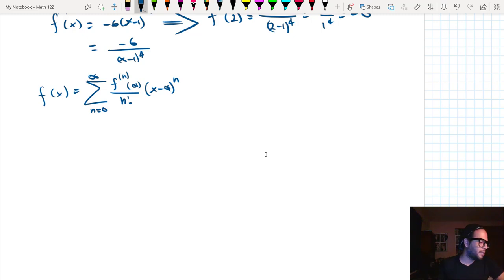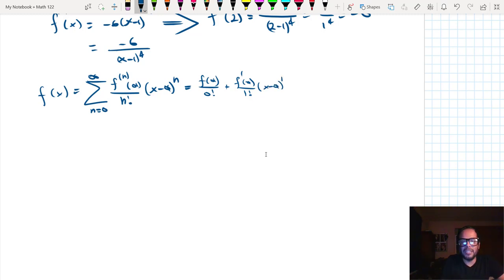What are we going to do here? For the 0th term, f0, that means no derivative, that means f evaluated at a over 0 factorial, plus f prime of a over 1 factorial times x minus a to the first power.